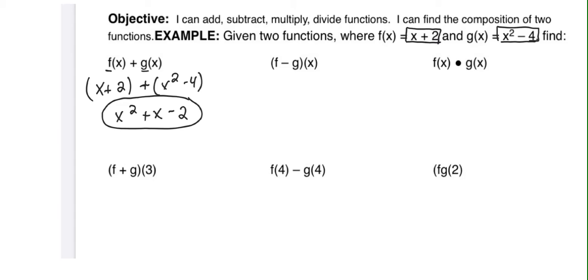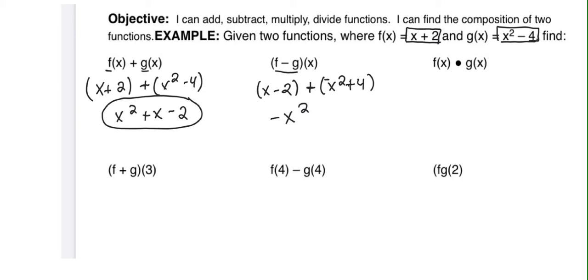It can also be written as f minus g of x. In this case, we're subtracting. So we're taking x plus 2 from our f of x and then subtracting our g of x function from it. If you distribute the negative, we get negative x squared, and that changes our negative 4 to positive 4.